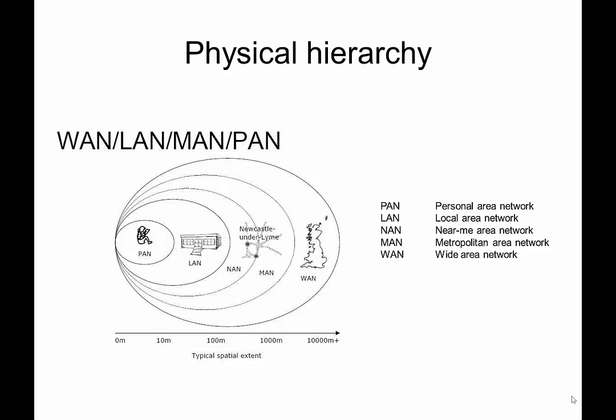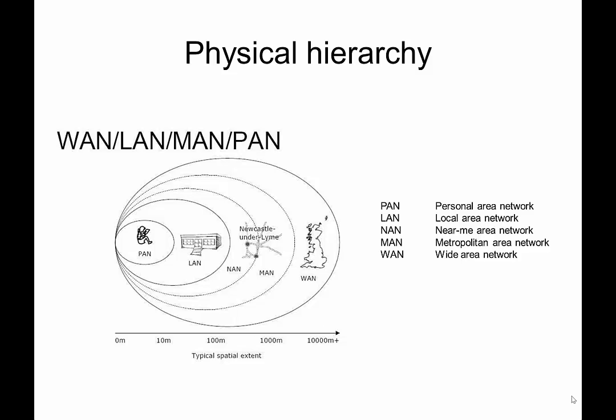So there is often a physical hierarchy to the infrastructure, not surprisingly, perhaps. So we have the infrastructure that exists within our own homes, in our home networks, a personal area network, we might call that. Then we've got stuff organised by organisations, local area networks.